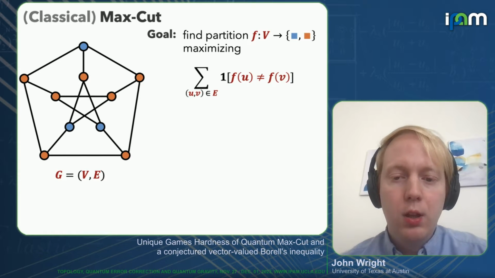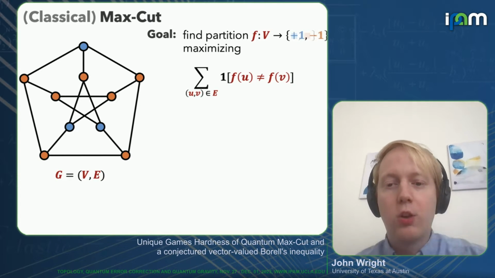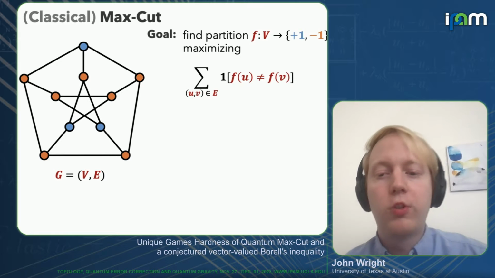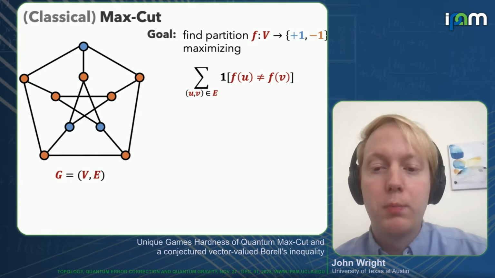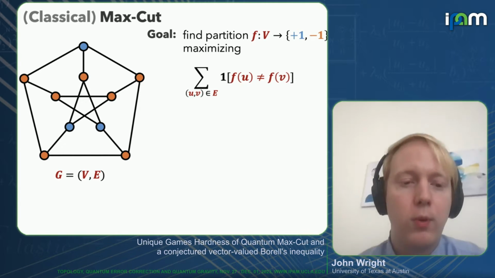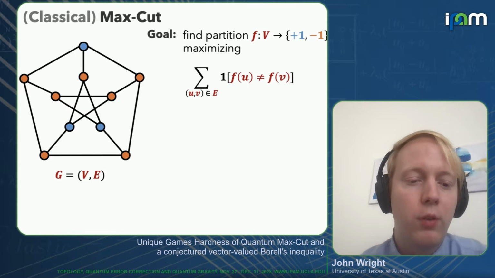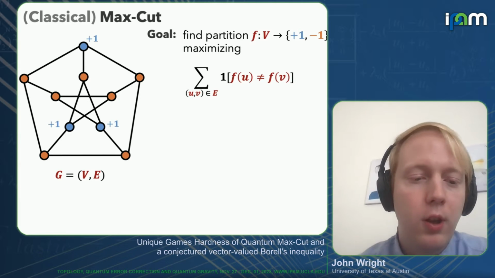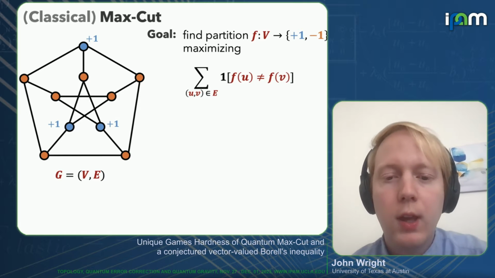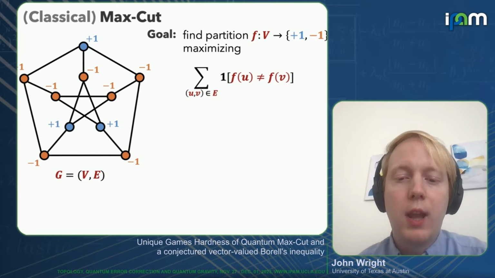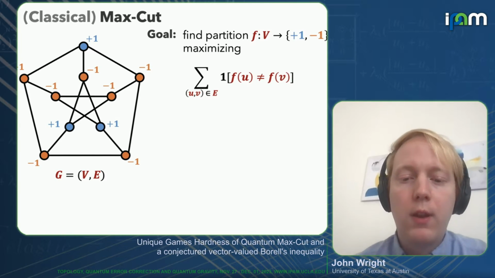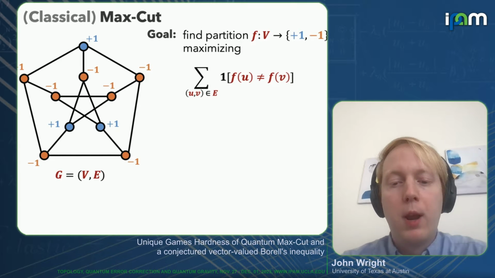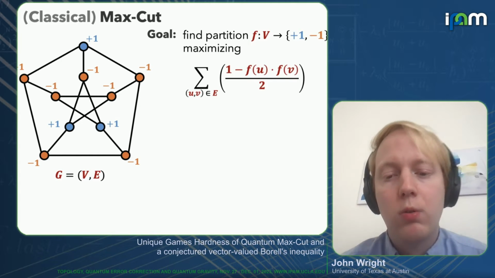And one thing that we'll do throughout this talk, rather than assigning it to the blue and the orange set, is we're going to rename the blue set the +1 set and the orange set the -1 set. So in the picture, all of these become +1 vertices, and then all of these become -1 vertices. And then if you do that, the indicator that F(U) is different than F(V) can just be written as (1 - F(U)F(V))/2.